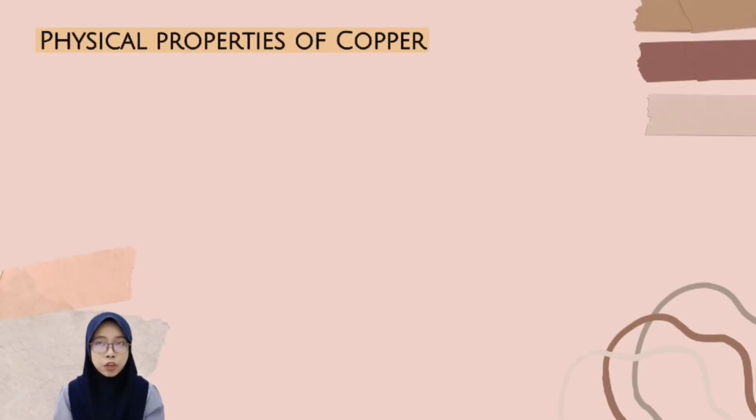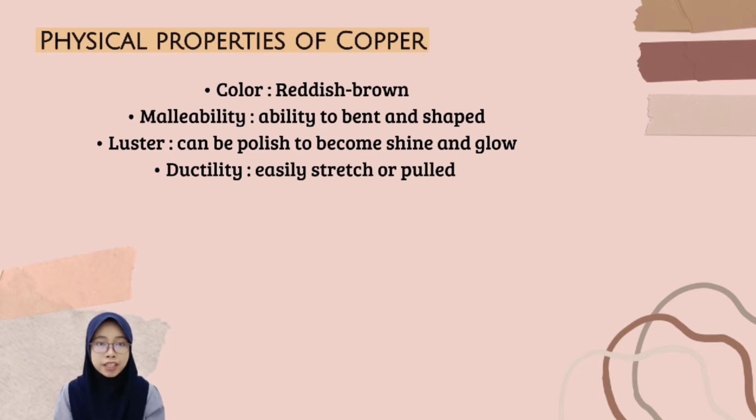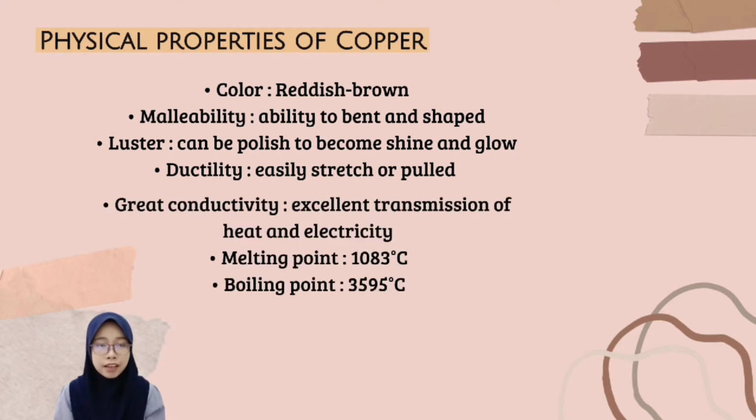Physical properties of copper are something that we can identify through naked eyes and be measured. As I explained before, copper is a reddish-brown metal. Malleability of this element makes it easy to shape into any form. Next is luster, which means it can be polished to shine and glow.